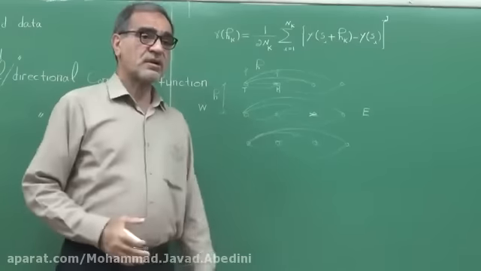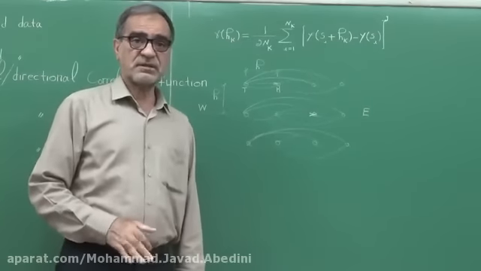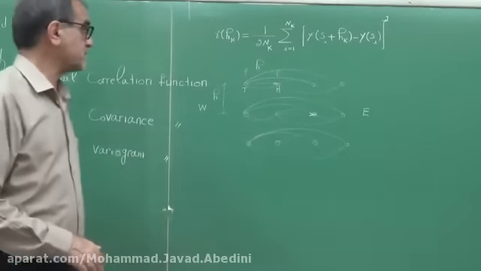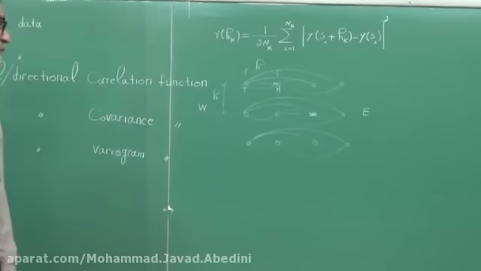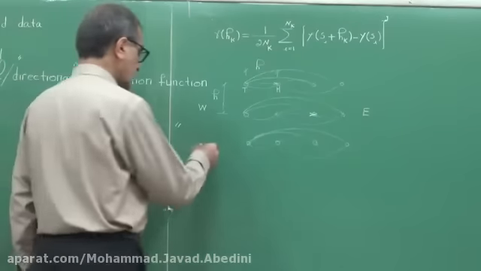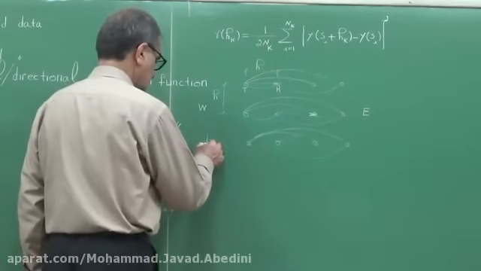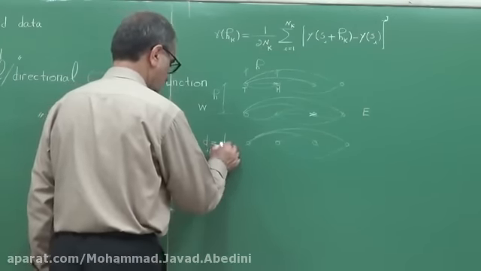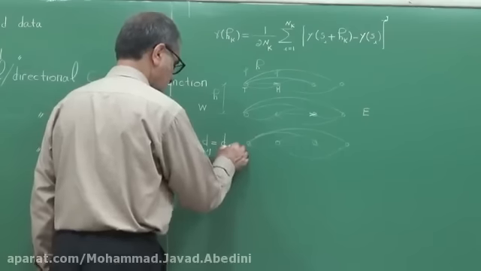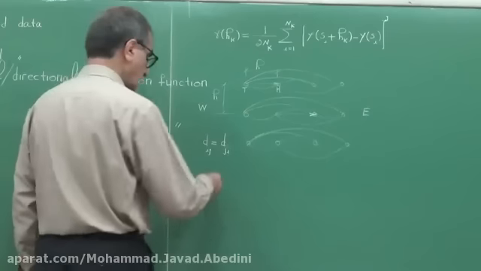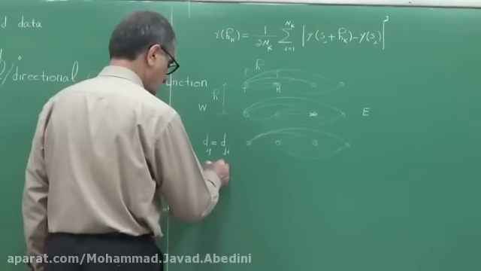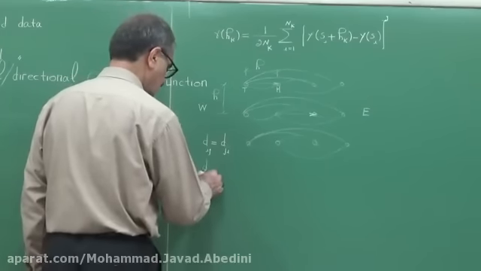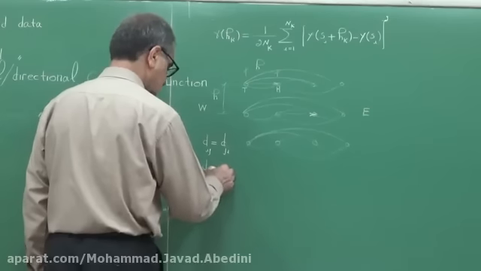And the off-diagonal elements are symmetric. They are the same. Which means that d_ij is equal to d_ji, and then d_ii for distance matrix is 0.